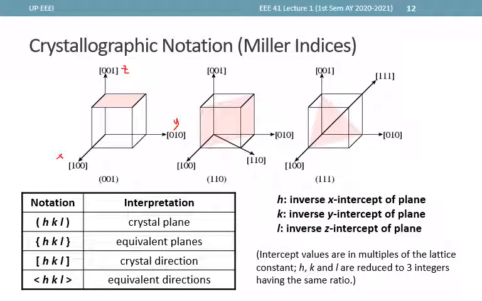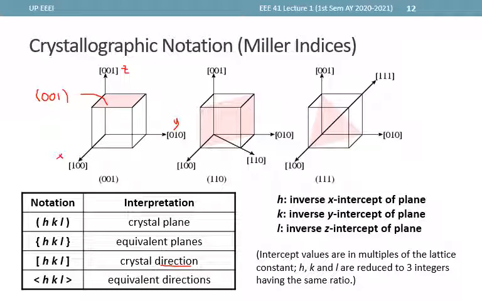The directions as shown in this table are denoted with square brackets. And if we want to denote this highlighted plane on the left, then this must be along the crystal plane 0, 0, 1.